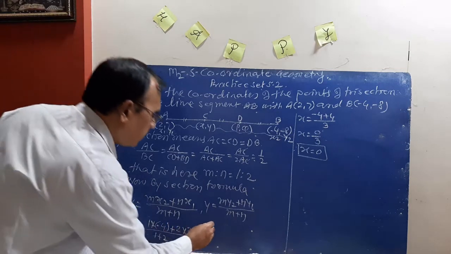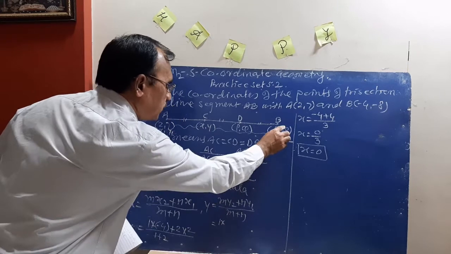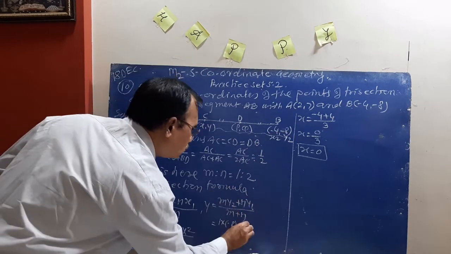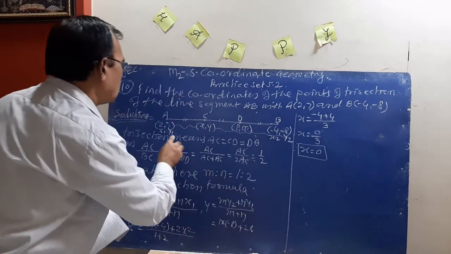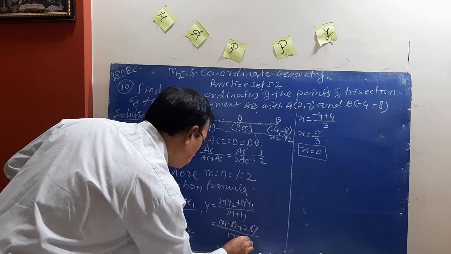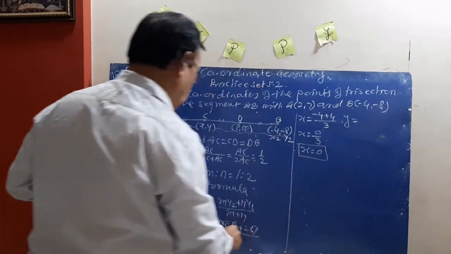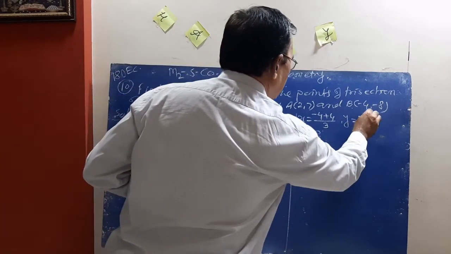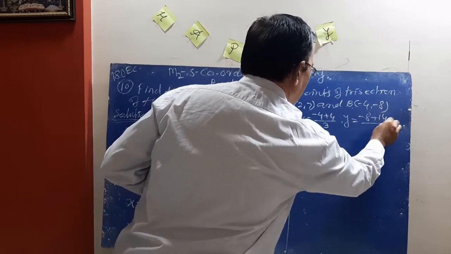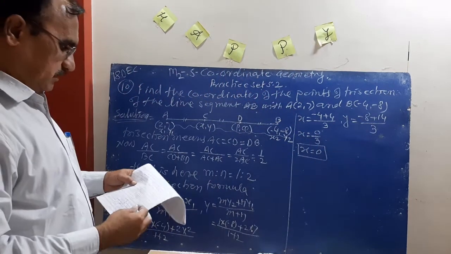Okay. Now put m is 1, y2 is -8, plus n is 2, y1 is 7, divided by 1 plus 2. Again here y is equal to 1 into -8, that is -8, plus 2 sevens are 14, divided by 3, 2 plus 1, 3.